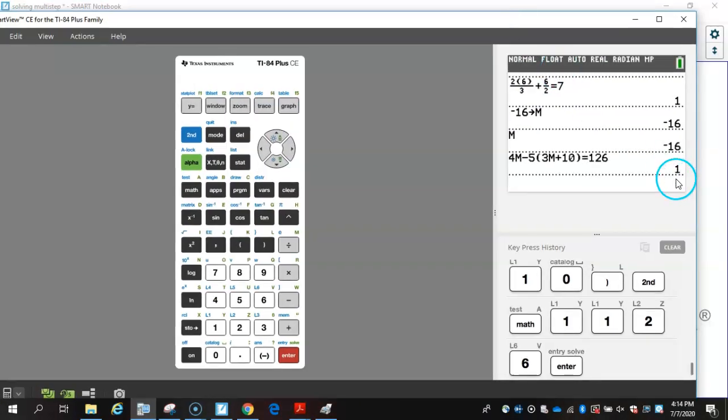And this told me that this is correct. So all of this is correct because there's a negative 16 in for m.